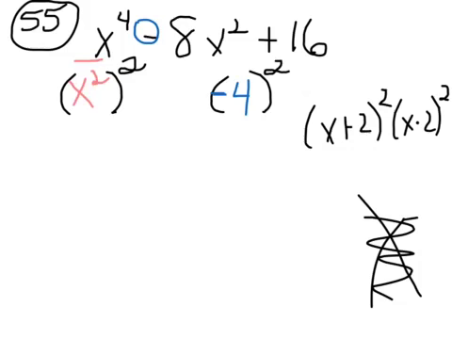This is a perfect square, isn't it? So how I write it is I say, oh yeah, this worked. It worked when I multiplied negative 4 times x squared and doubled it. So this factors as x squared minus 4, all squared. That's the lesson for today that we would have learned from this, that we could actually do that.